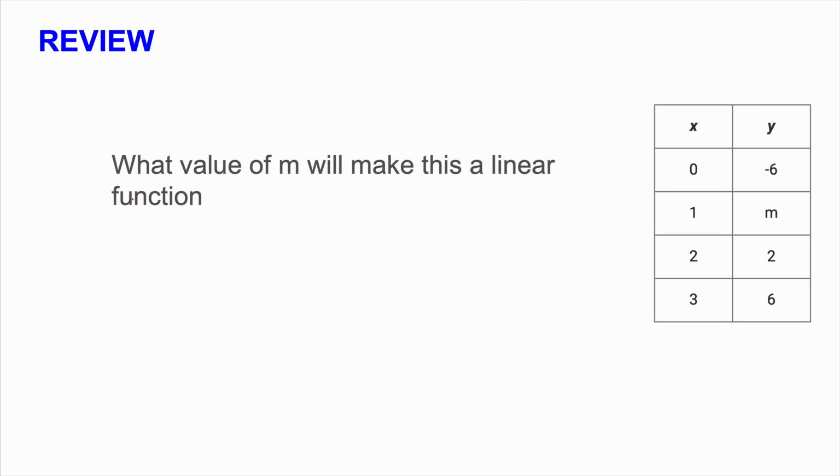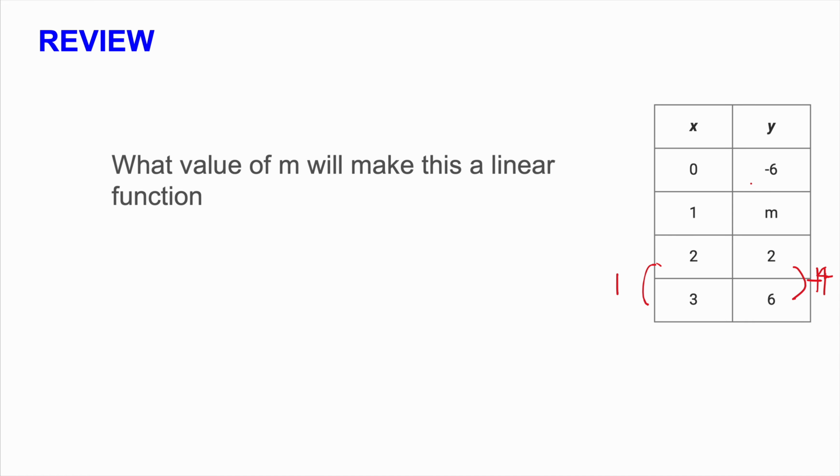Now, our next question is asking us if we can find a value of m from the table. This is quite easy. The way I want you to solve this is go straight at it by focusing on the change in x, which, if you look at it from 2 to 1 is 1, and the change in y from 2 to 6 is plus 4, right? So that's what you have to focus on.